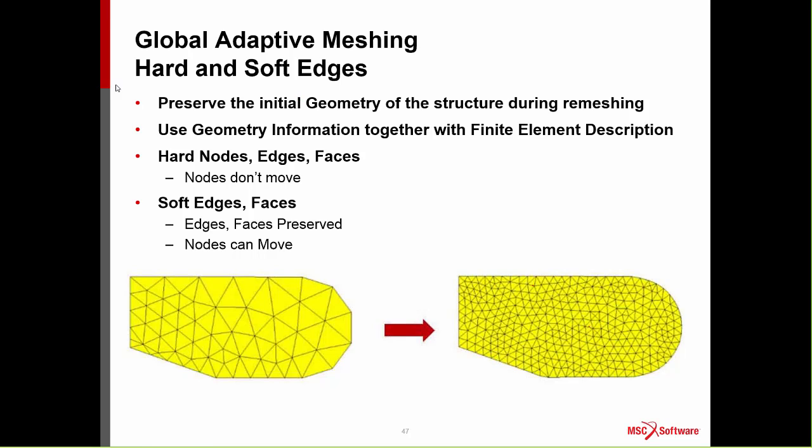So even if you had started with a mesh that looked like this, which was perhaps a pretty crude model, you could say, I want a new mesh on this, and you might want to define a couple of points to be hard points.